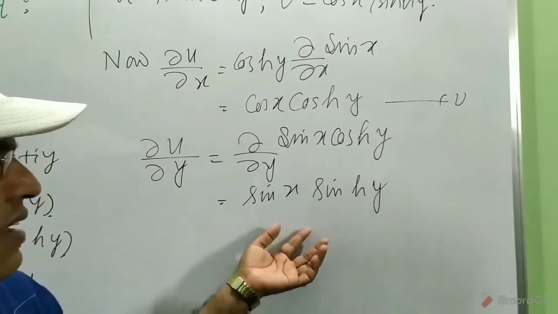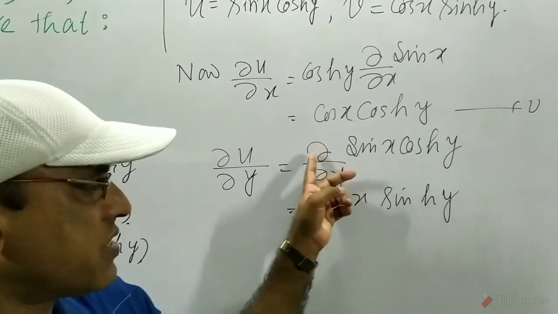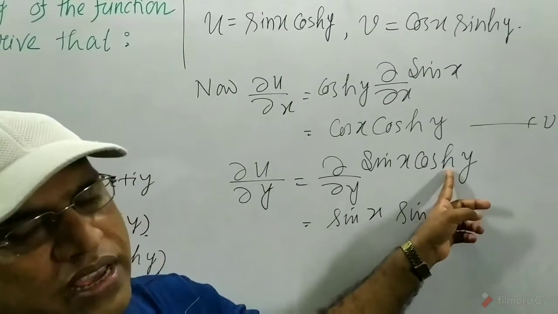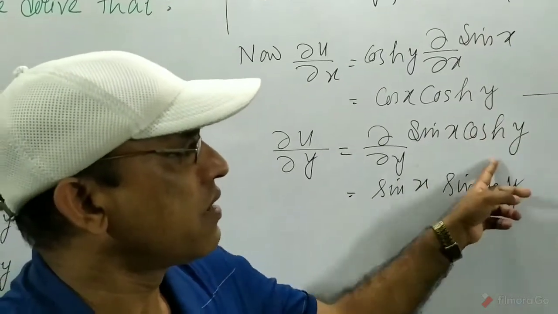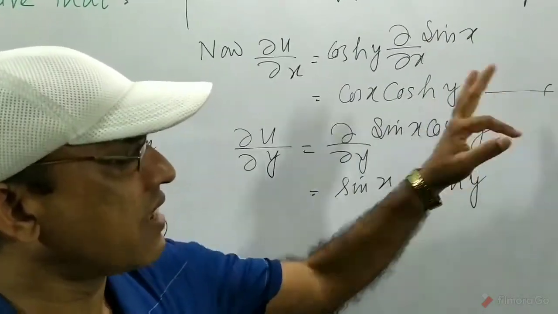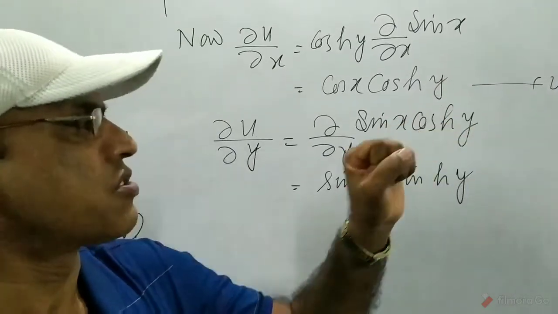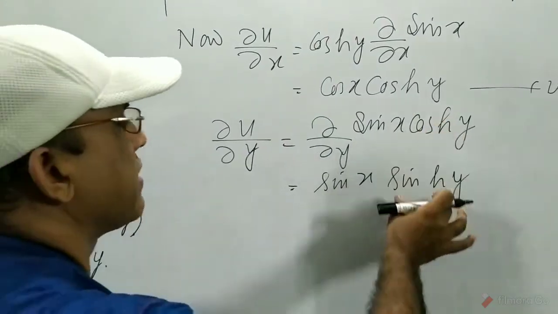We have to remember that in ordinary differentiation, the derivative of cos has a minus sign, but in hyperbolic functions, both cos and sin are positive.